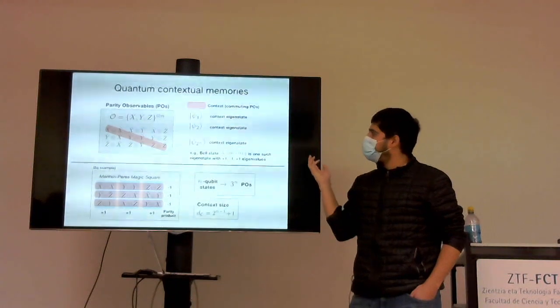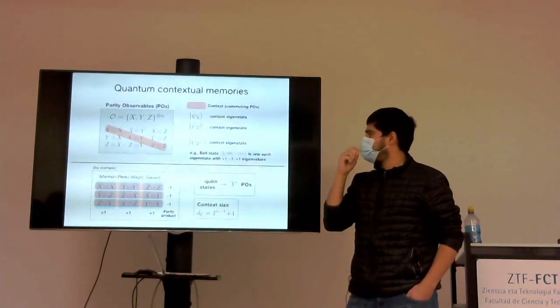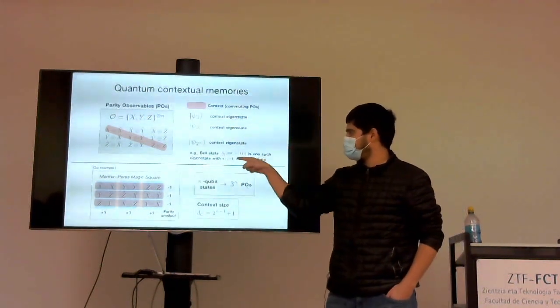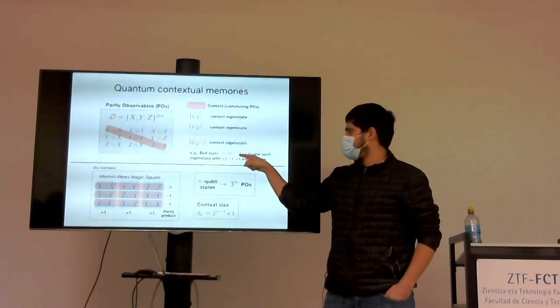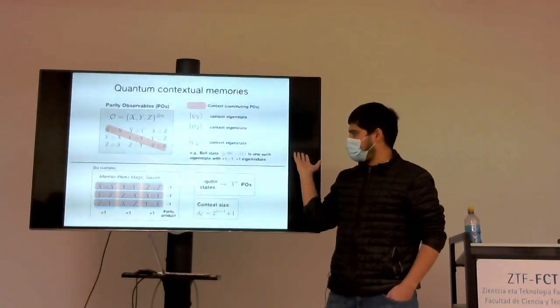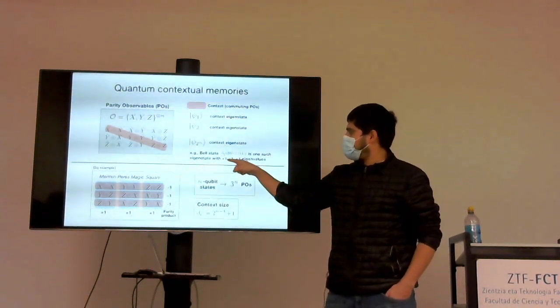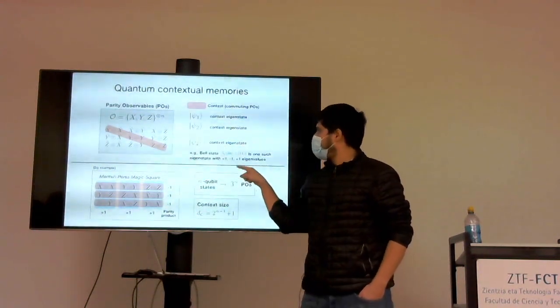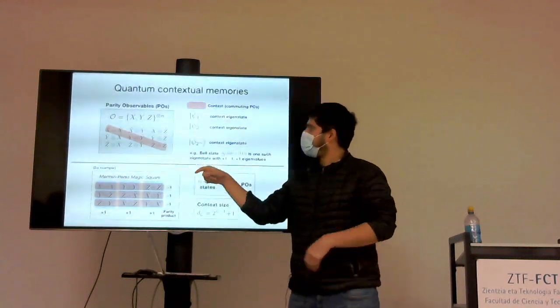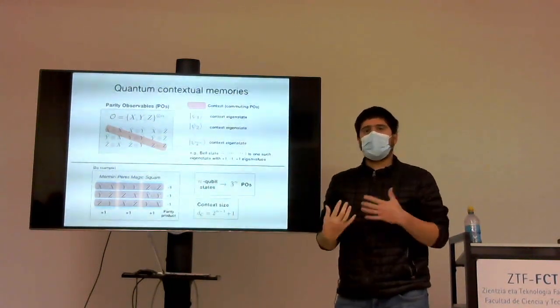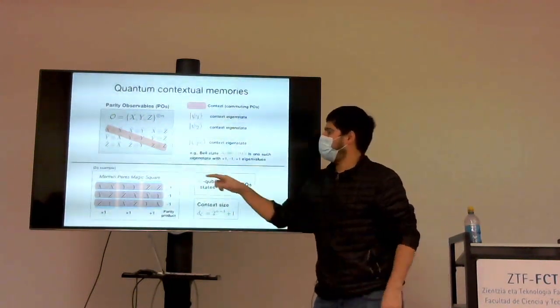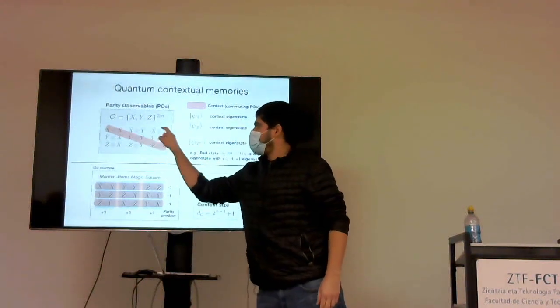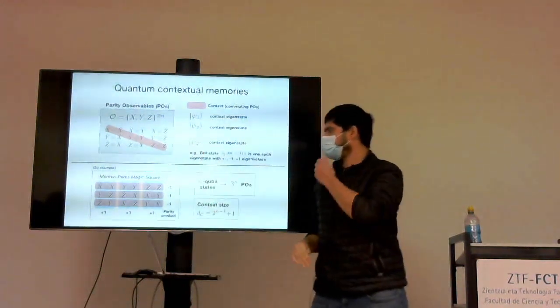An example of a context eigenstate for that specific context is the Bell state. So for example, the Bell state is an eigenstate which yields eigenvalue +1 on XX, -1 on YY, and +1 on ZZ. And it has completely homogeneous probability distributions for all the other parity observables here.